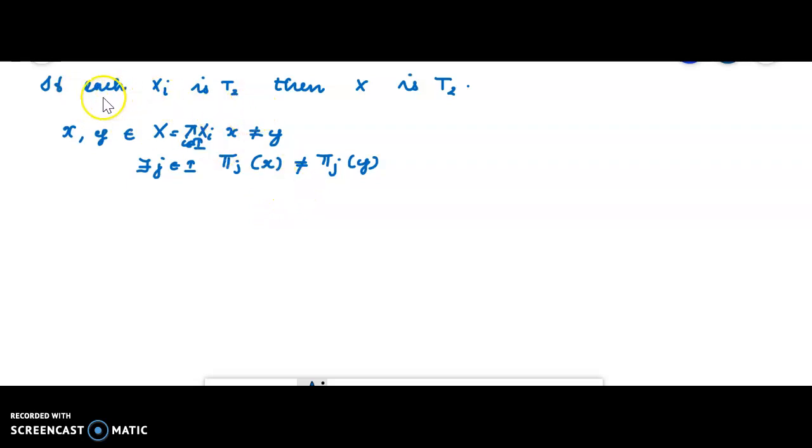Each Xi is T2. So the space Xj is T2. Xj T2 implies for 2 different points there exist 2 disjoint open sets.